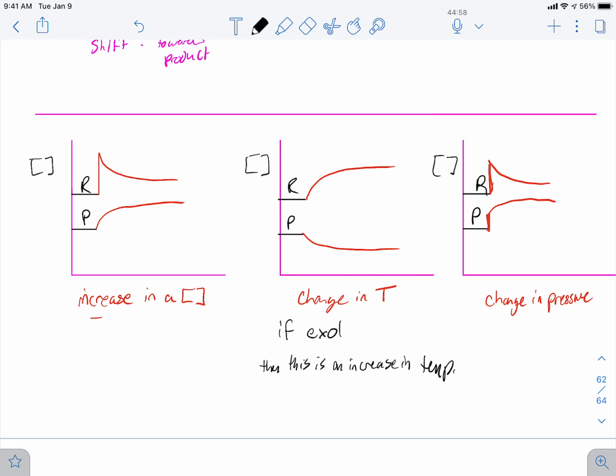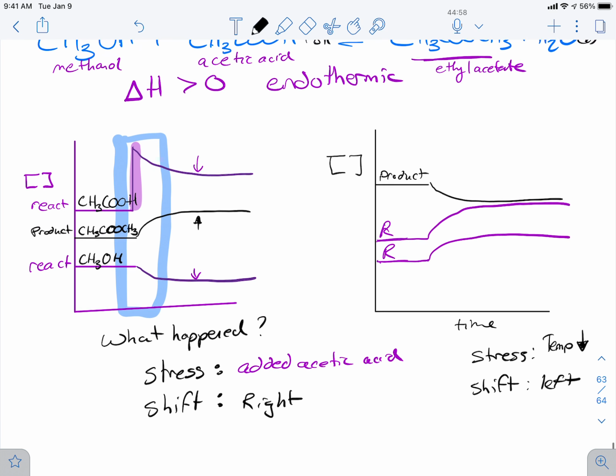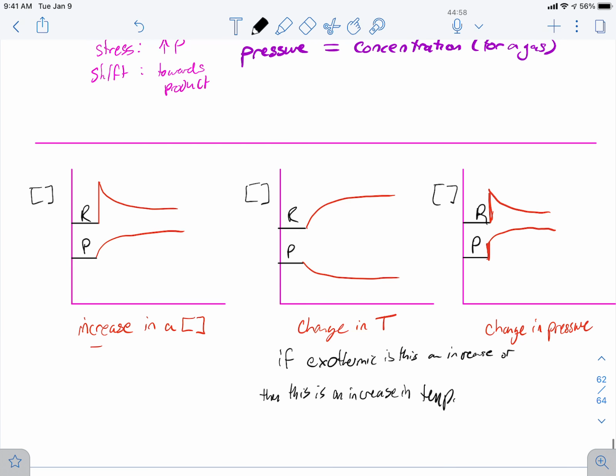If exothermic, is this an increase or decrease in T? So something like that.